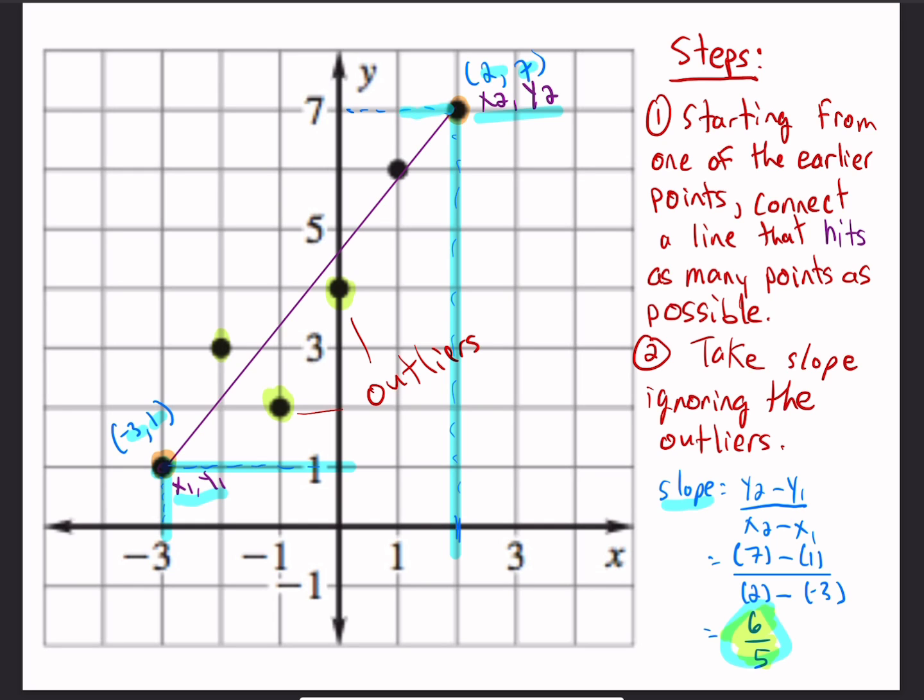And then I made the line across until I hit the y-axis, which was 7. And then this gave me the slope. But all of that wouldn't have been possible if I didn't make that line of best fit, where I started from the first point and then made a line that hit as many points as possible and simply ignored all the outliers.